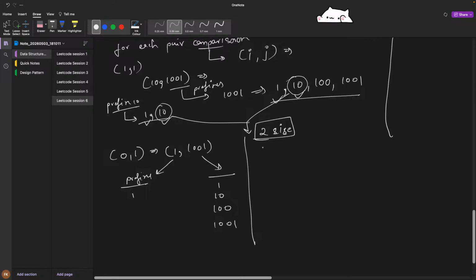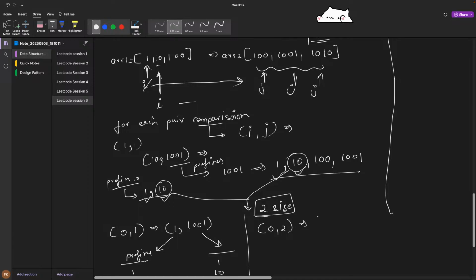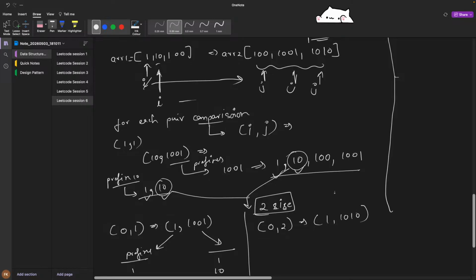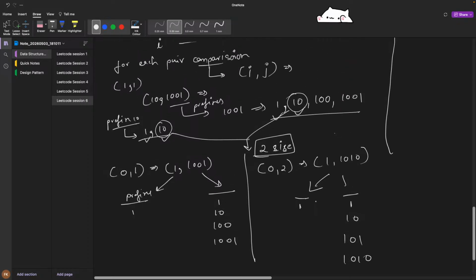And if I go with the pair 0 comma 2, which is 1 and 1010, and calculate the prefixes again, we have 1, 10, 101, 1010.